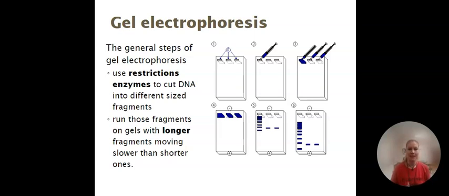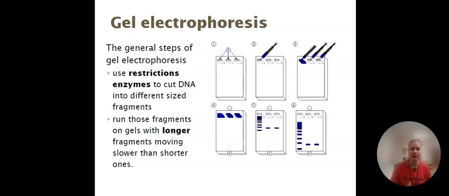Essentially, a forensic scientist will use a restriction enzyme, which is a special protein found in bacteria. We'll use these restriction enzymes to cut DNA into different sized fragments, and then we run those fragments through a gel. The gel is charged.